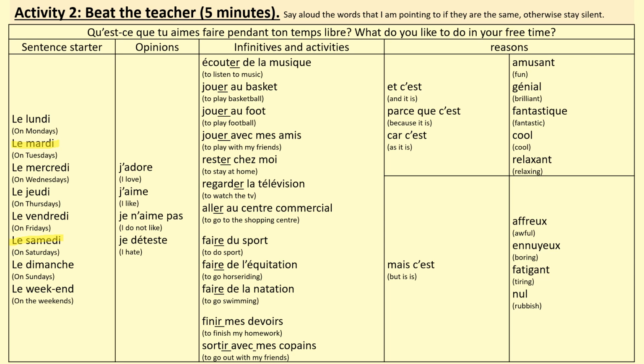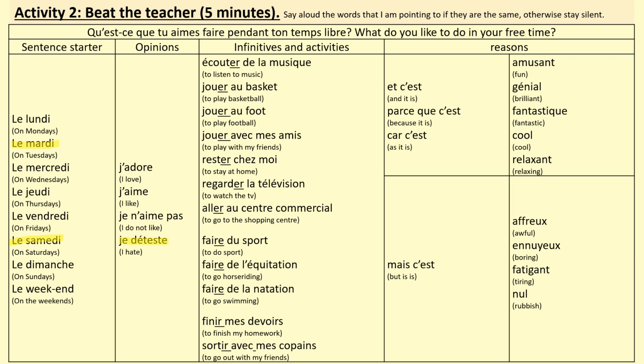Then if I say j'adore, pointing at j'aime, so you mustn't say it. How about now if I say je déteste? This time I was pointing at je déteste, so you need to say it.